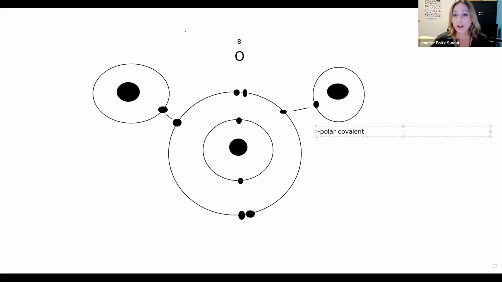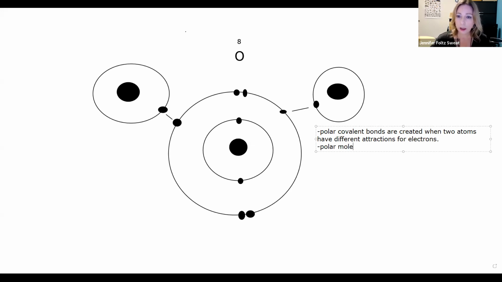So polar covalent bonds are created when 2 atoms have different affinities or attractions for electrons. So in this case, oxygen has a really high affinity or attraction, hydrogen has a low affinity or attraction.